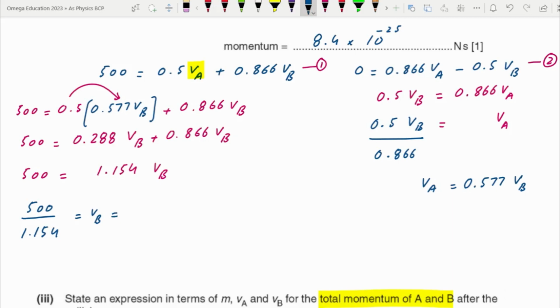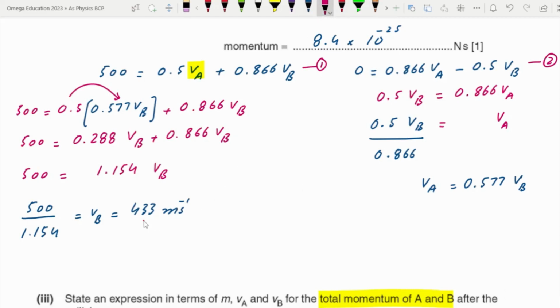And what do we get? How much? 433. Okay, 433 meter per second. We leave the very final answer in 2SF, but let me use these values. So this is your value for VB. How do we find the value of VA?